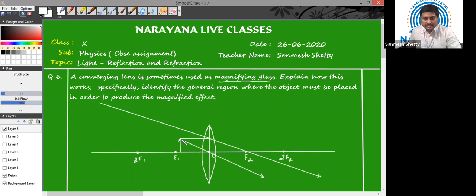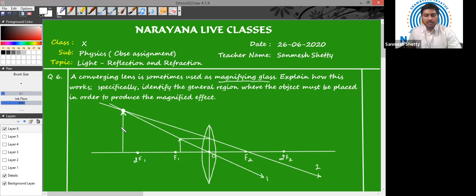Again, I retrace this ray in the backward direction. We can observe that both these refracted rays, ray number 1 and ray number 2, appear to come from this particular point. So I can take this as the head of my image and I can draw an image at this particular point.